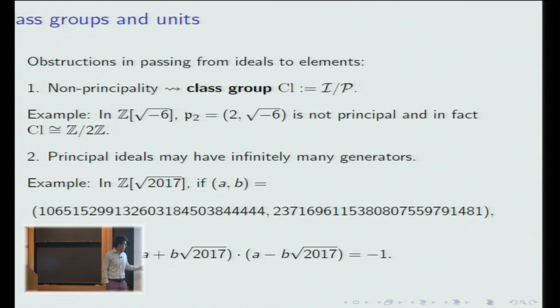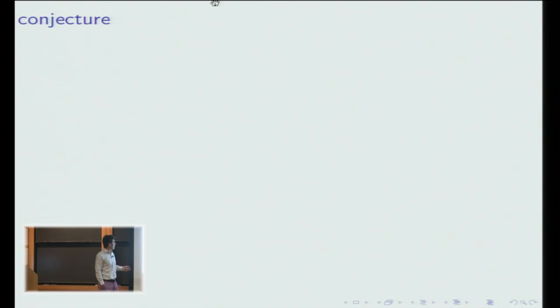So if you multiply an element by any power of this algebraic integer, you'll get another generator for the same principal ideal. So the first 2 slides, I guess, were just to convince you that class groups and units are interesting objects to study. And so number theorists do a lot of study of these 2 objects. So let's get down to business.